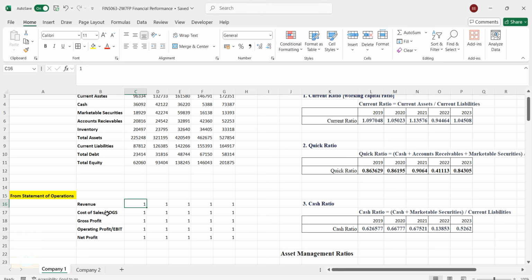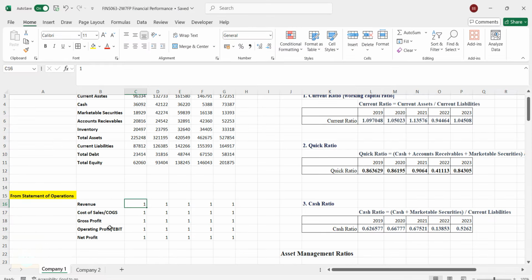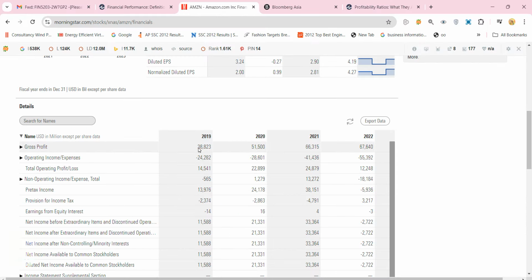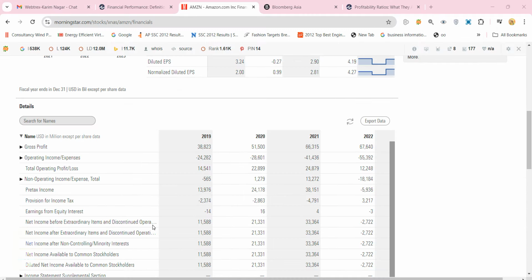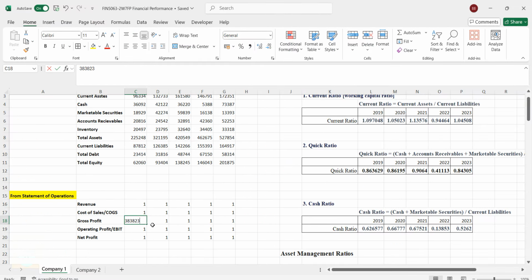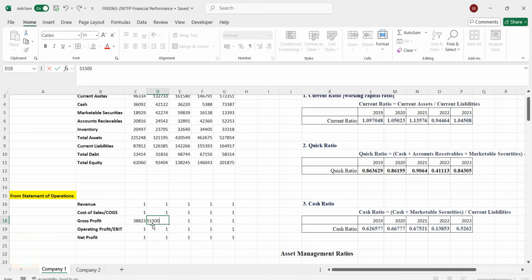Just first for revenue, COGS, gross profit. Gross profit is already given here, so just include them. Here we have gross profit. Let us include it: 38,823, 51,500.